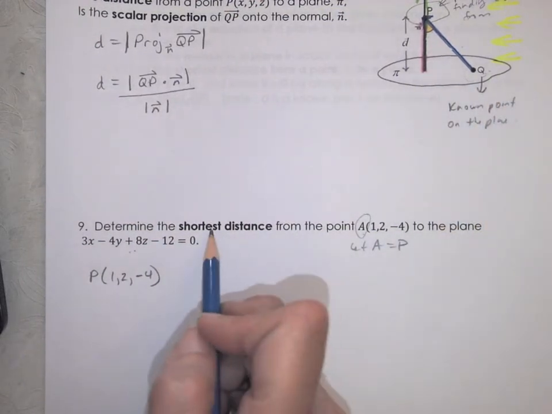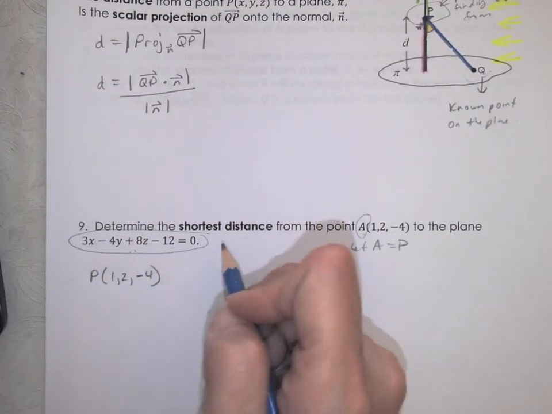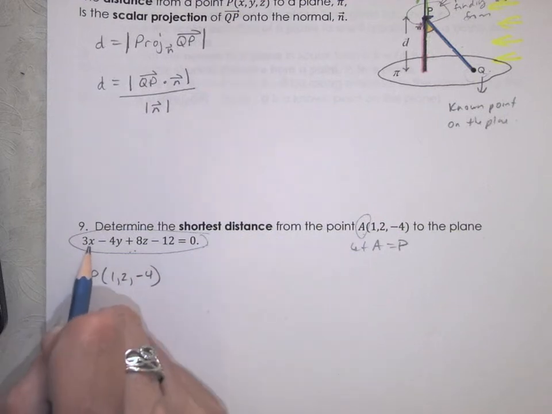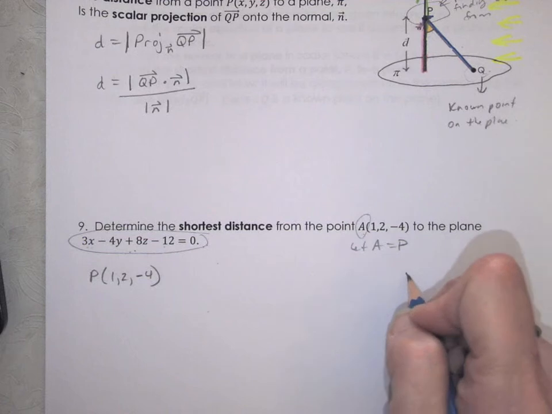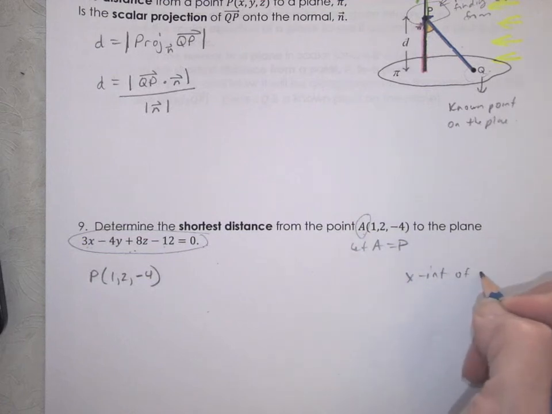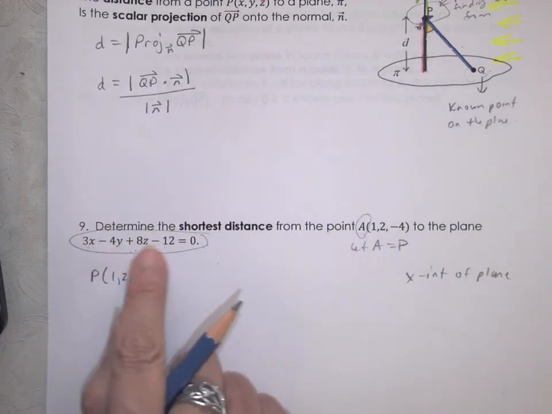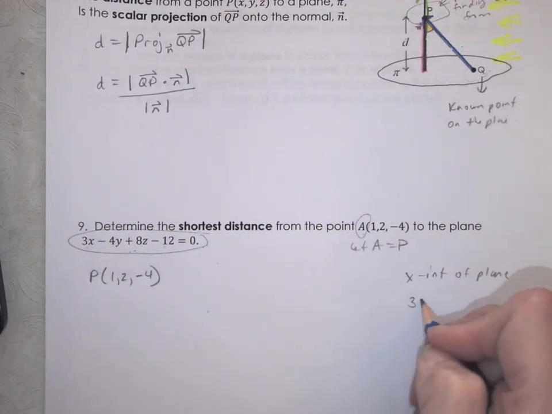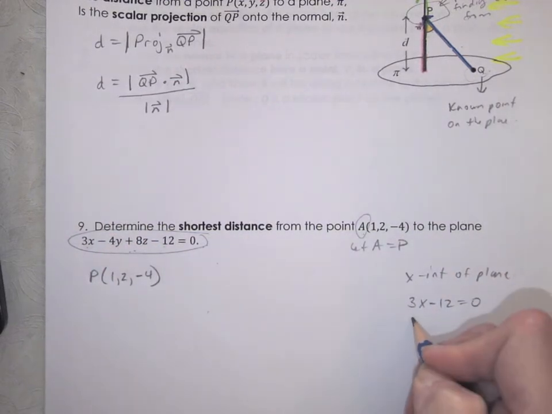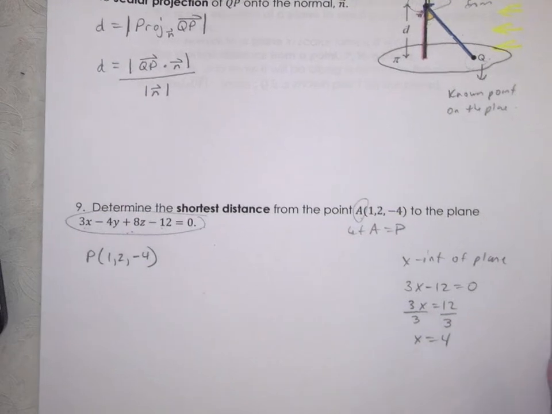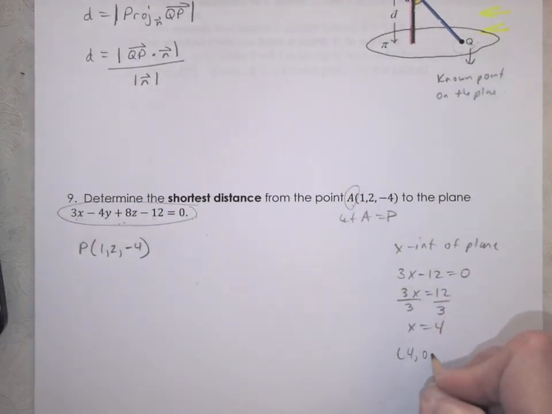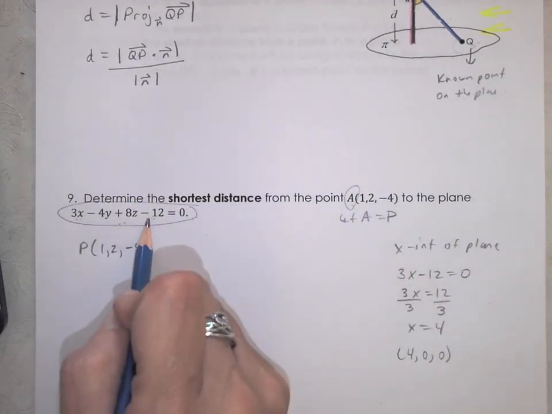Point Q, a point we know to be on this plane. We can look and see it's easy to find the x-intercept. So let's get the x-intercept of the plane. We would set y and z equal to 0, and we would get 3x minus 12 equals 0, or x is 4, meaning the point 4, 0, 0 lies on this plane.